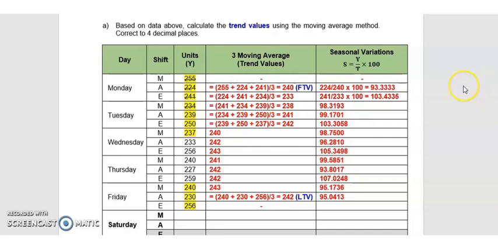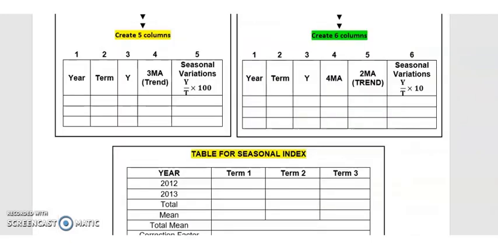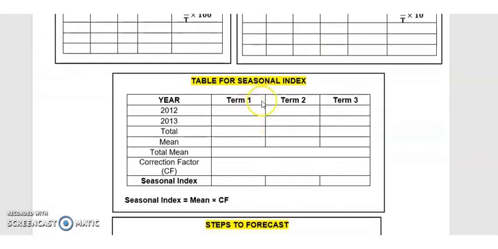Now we need to tabulate the seasonal variation values into a seasonal index table. If you look at these simplified notes, once you've done this part, you put it into a table like this.